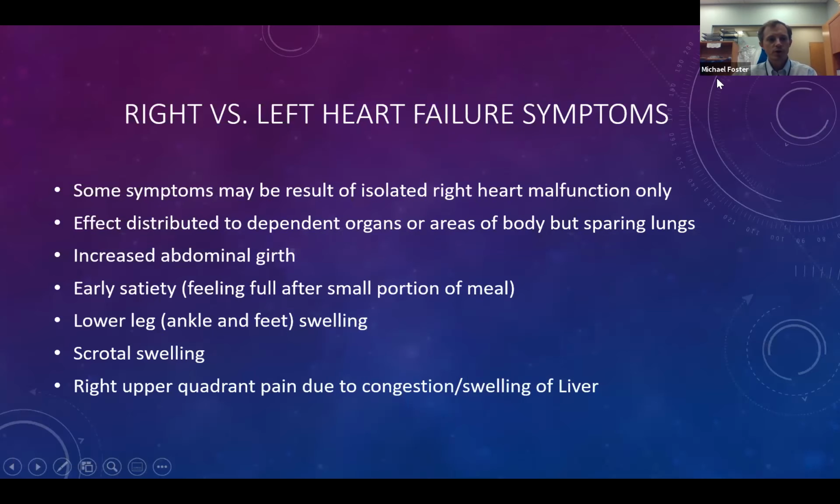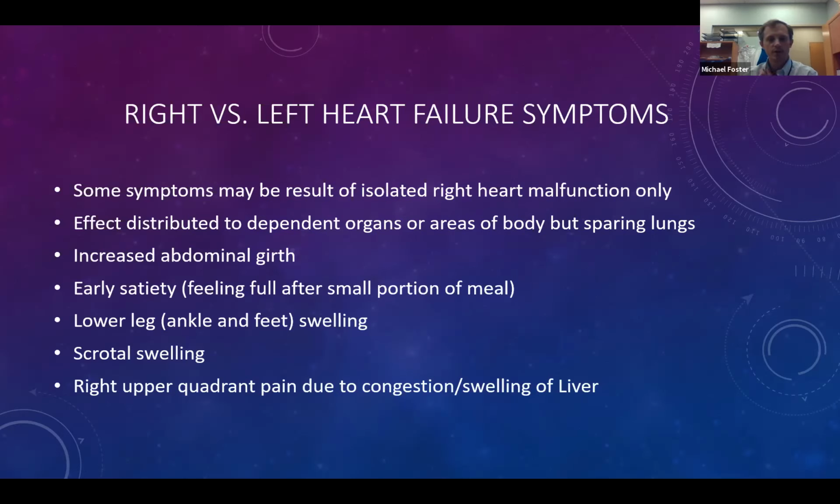So there are certain symptoms that occur with left heart failure and certain symptoms that occur with only right heart failure. The most common cause of right heart failure is left heart failure. So because you see edema and distended veins in the neck does not necessarily mean that it's only right heart failure.